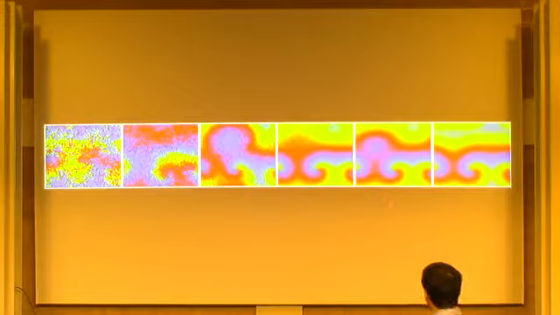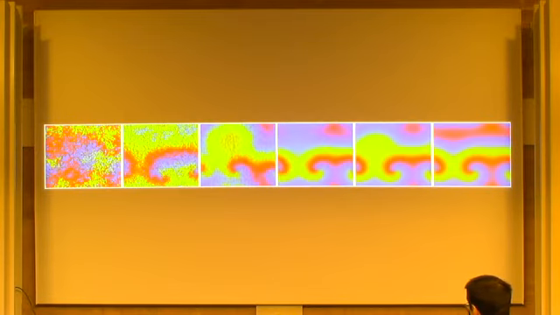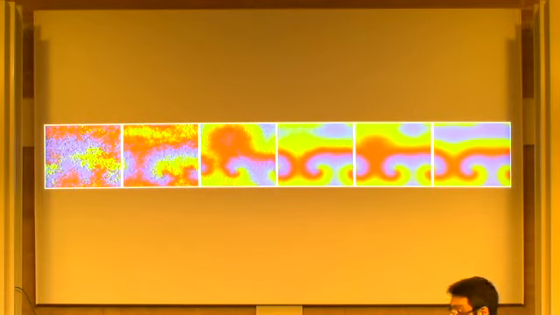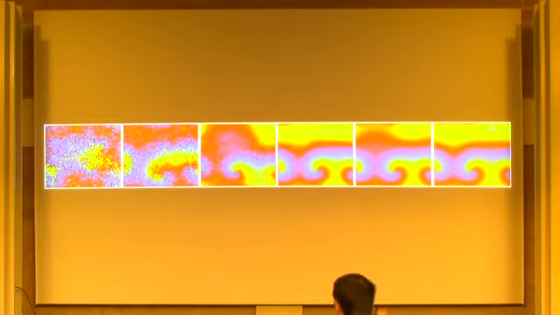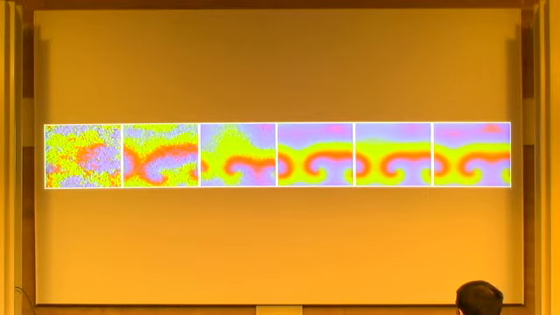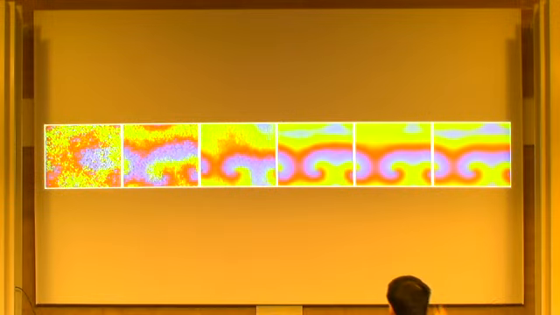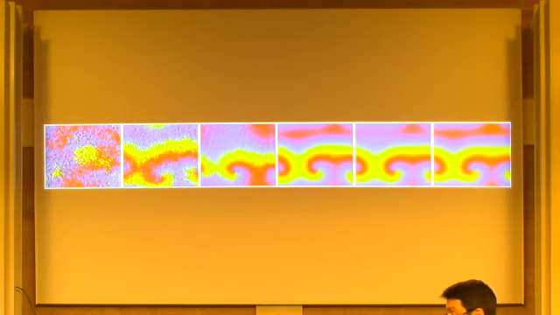You notice that it's not just that it looks the same, but the characteristics, like the wavelength and things like this, between the prediction of the PDEs, the solution of the PDEs, and what your lattice simulation tells you, is an almost perfect match.